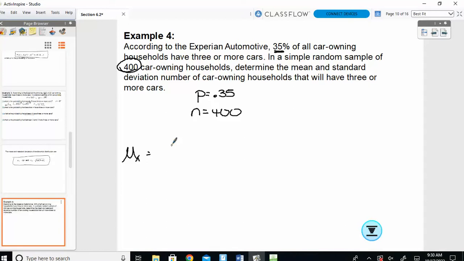So formula for mean is just n times p. So just 400 times the 0.35.